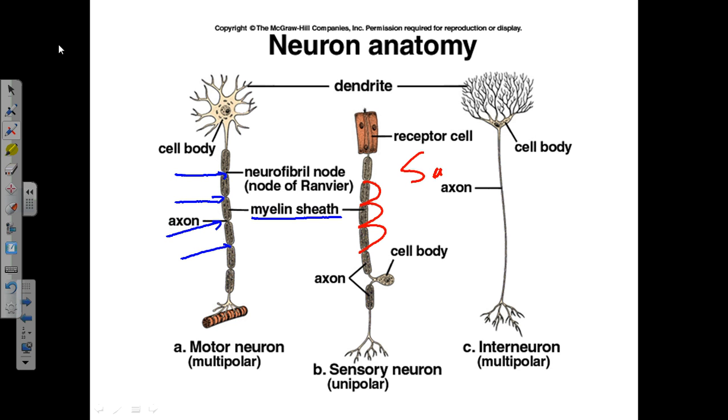It's called saltatory conduction. Saltatory because it's the movement of what? Salts, sodium and potassium salts. And that's the reason that neurons that are myelinated can carry impulses much faster than the ones that aren't.